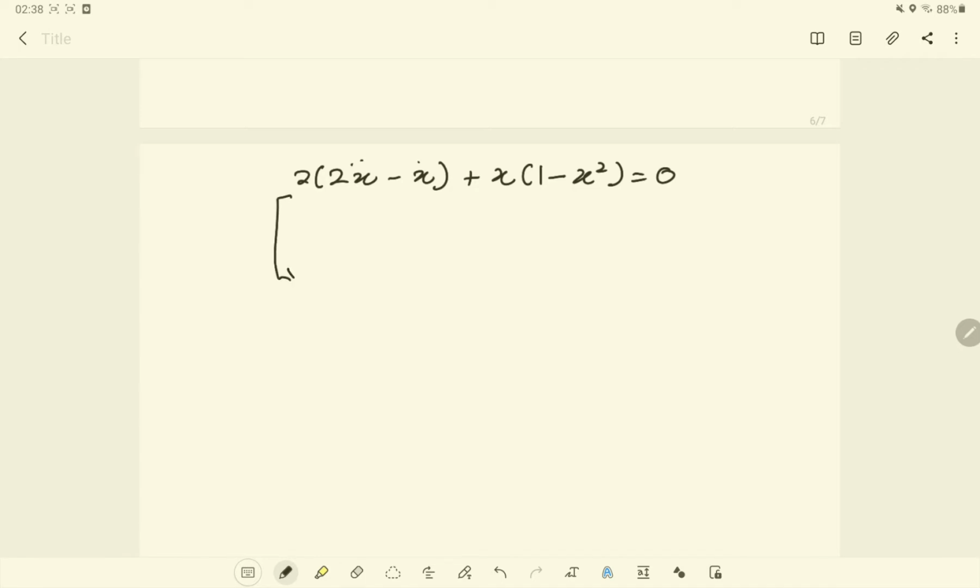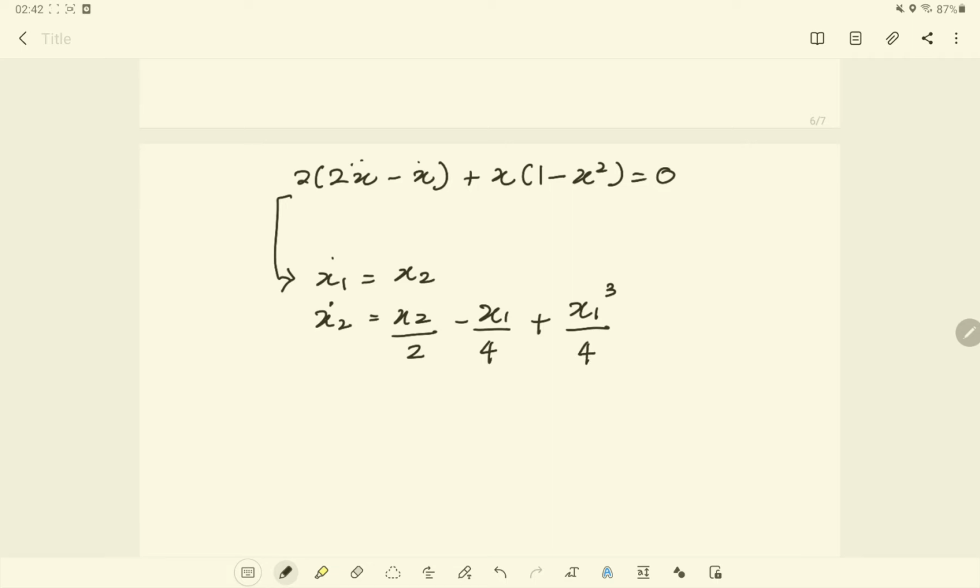Then you use state space, so you convert to state equation. x1 dot equal to x2, x2 dot equal to x2 over 2 minus x1 over 4 plus x1 to the power of 3 over 4.